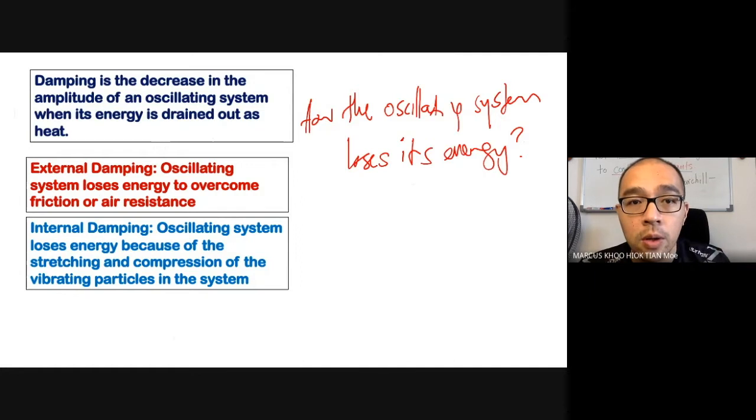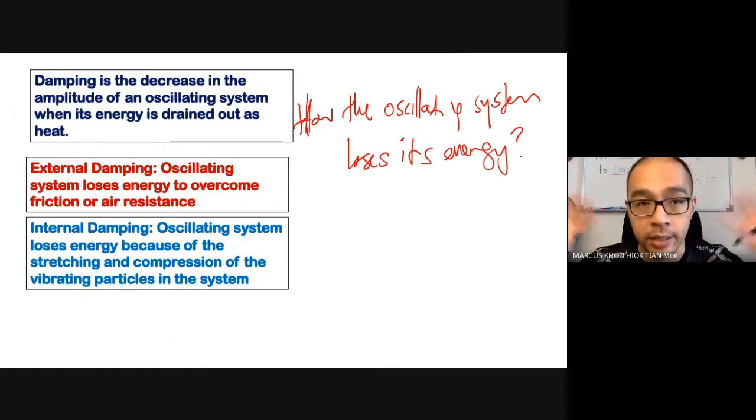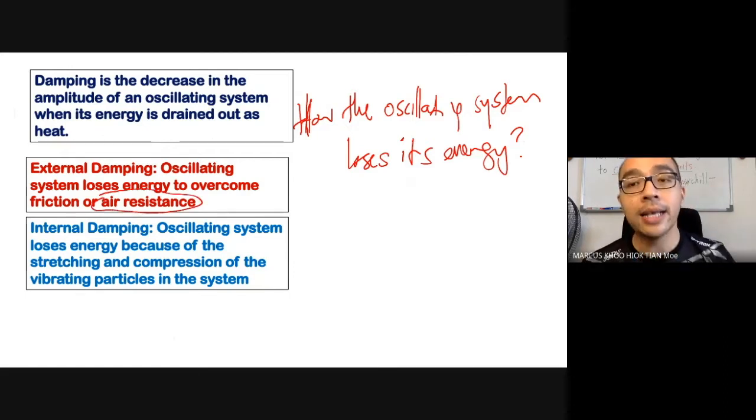How or why does the oscillating system lose its energy? There are two factors. Number one is an external reason, and the external reason is the air resistance that we saw just now. But besides that, there is also an internal factor involved.